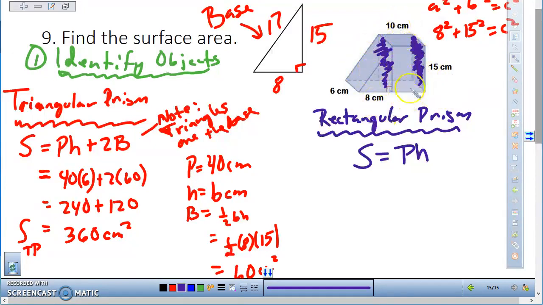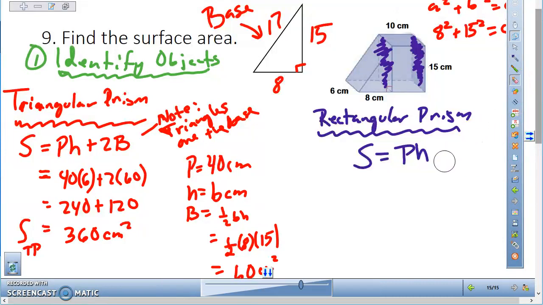So I want to calculate the area that's going around. And when I do that, I need to calculate the perimeter of the base, what we're treating as the base. And notice we took away our 2b, right? We used to have something that would look like this, but it's gone.